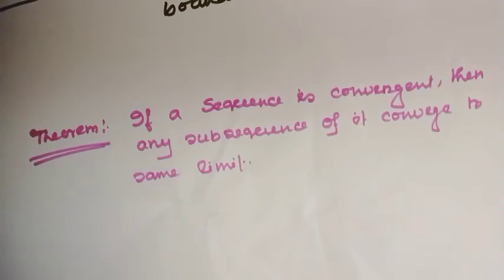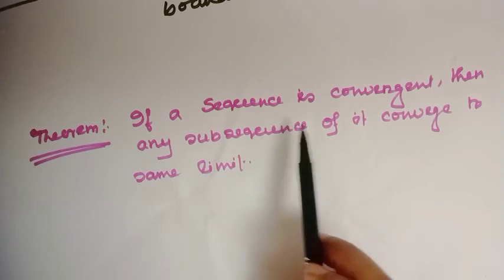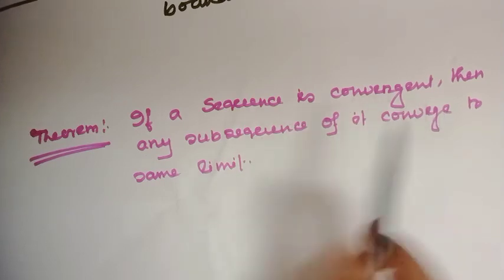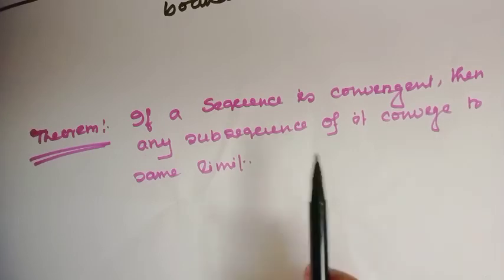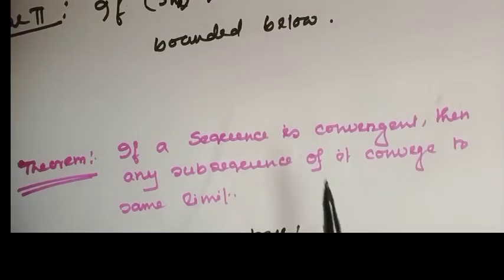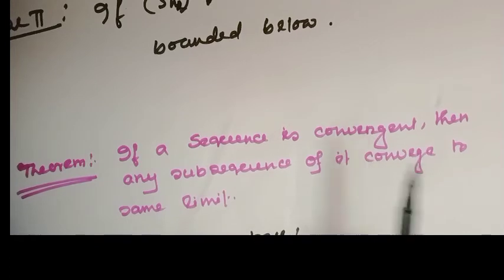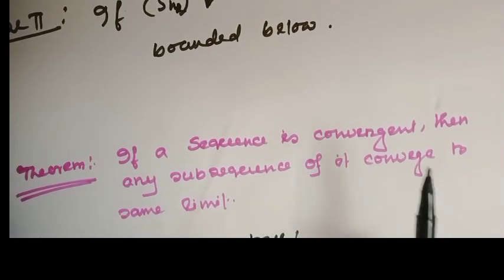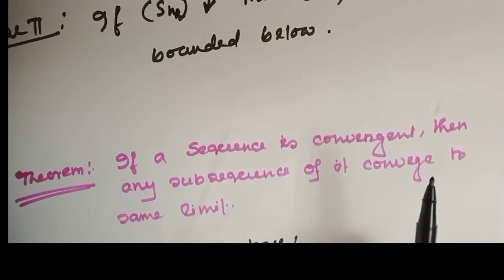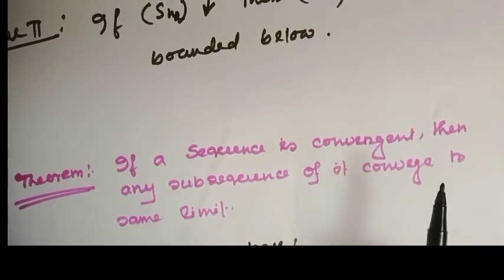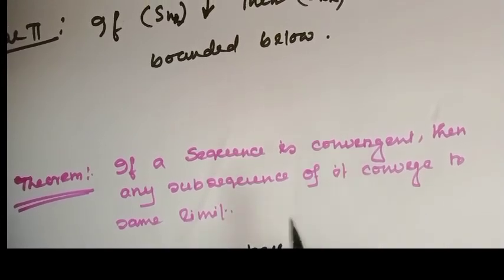That means the theorem is, if a sequence is convergent, then any subsequence of it converges to the same limit. And this proof is so easy. Try to prove it yourself. If you have any objection, then leave a comment in my comment box.